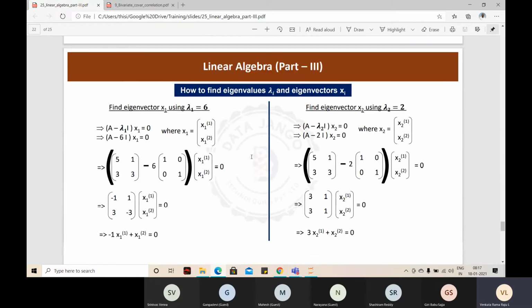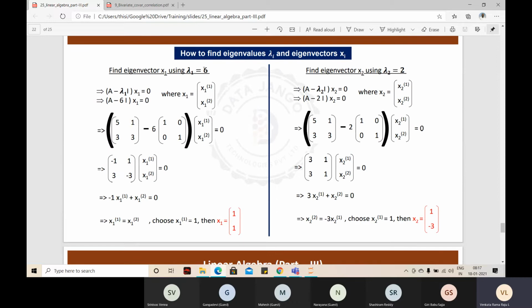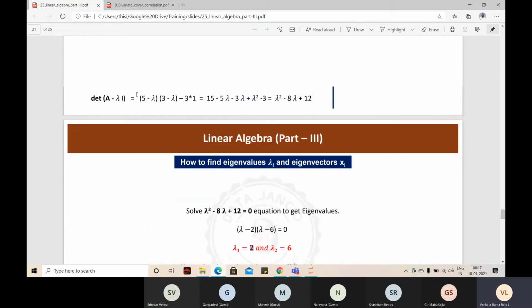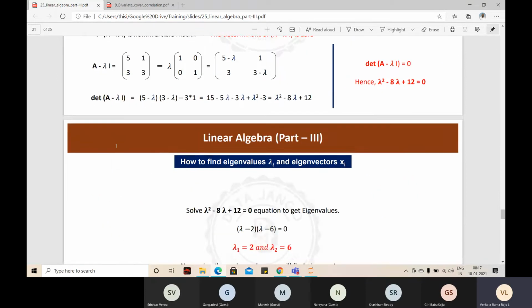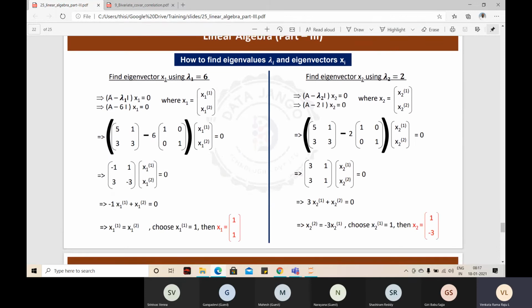So let us take lambda equal to 6 and lambda equal to 2 and substitute into this equation. Here Ax is equal to lambda x, and we brought this to the other side and got this equation. In this equation, we will substitute lambda values and find the eigenvectors. See here: A minus lambda 1 I into x1 is equal to 0.